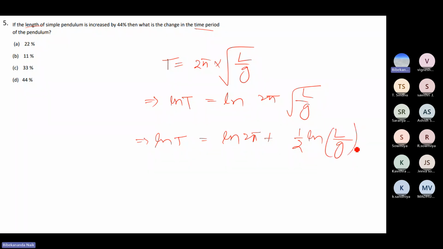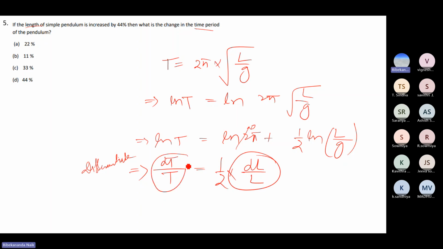Suppose this g is constant, so if you differentiate it, then it will be dT by T. This is constant, so the derivative will be 0. It will be half into dL by L. So dT by T is equal to half into dL by L.